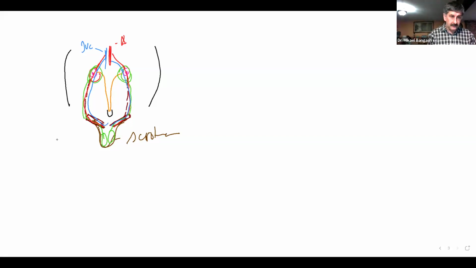Clear? Okay. But this journey of the testes from this area here in the lower abdomen through the pelvis, and through the inguinal canal, is going to be referred to as descent of testes.